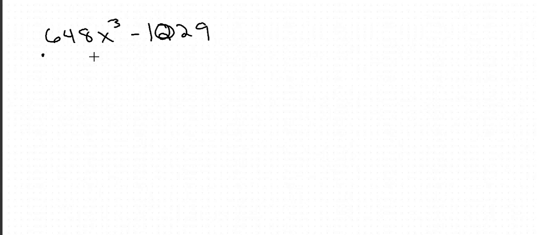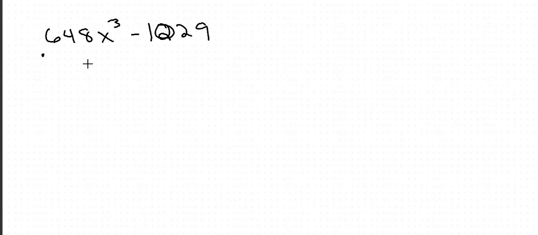Can you take the cube root of that for me? 648 is like 8.6 something. There's no cube root in there? And for the other one, there's no cube root for that either.